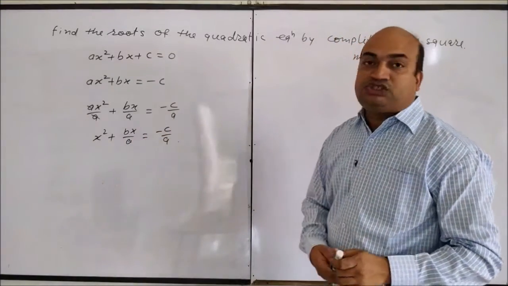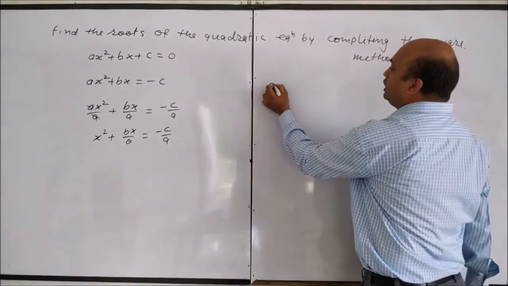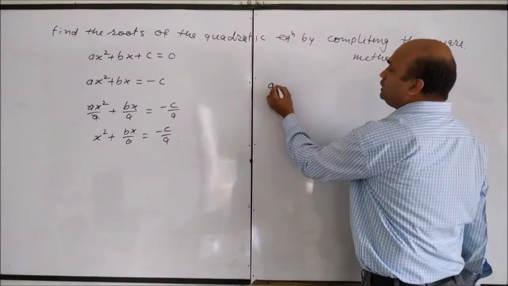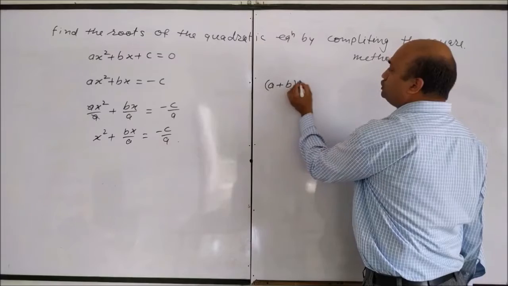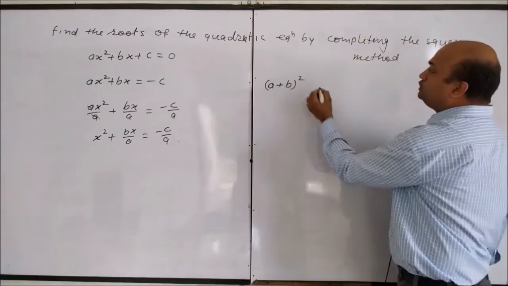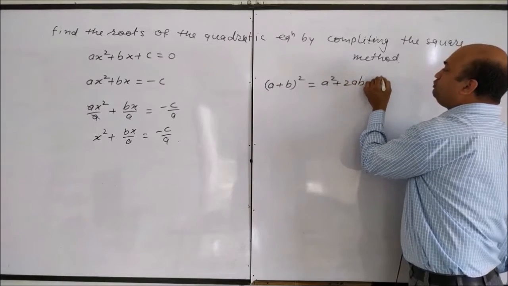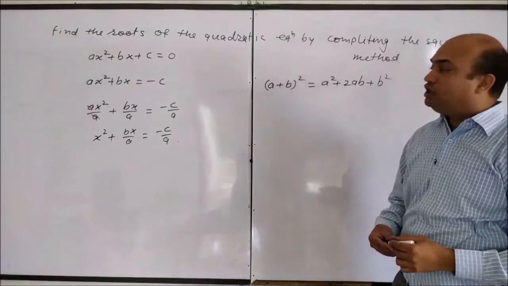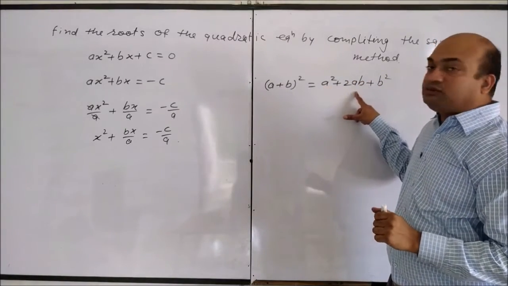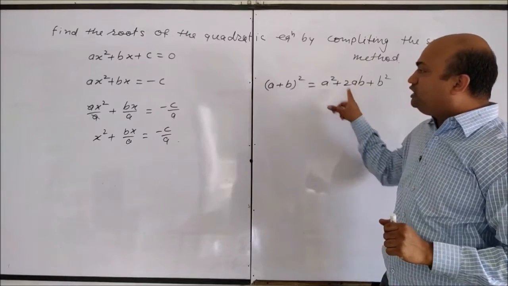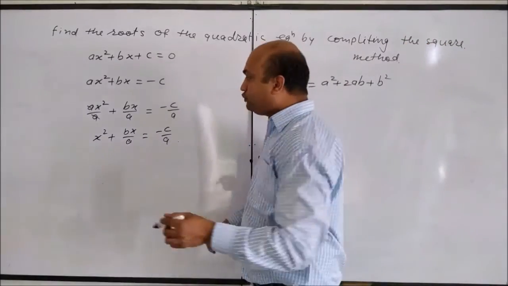Now we arrange these terms according to the identity a plus b whole square. A plus b whole square is a square plus 2ab plus b square. So the two terms of this identity we arrange here.